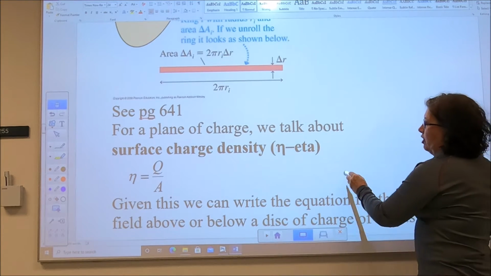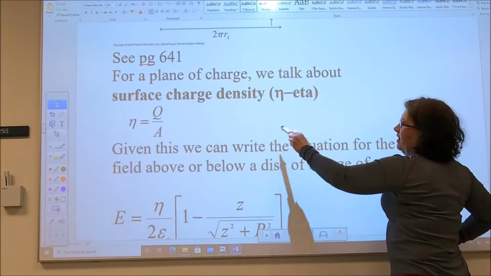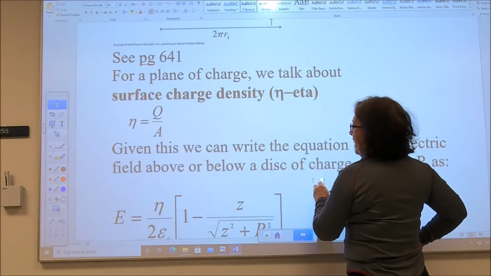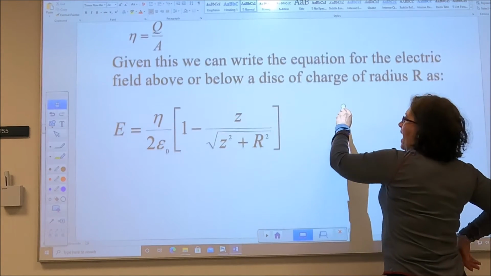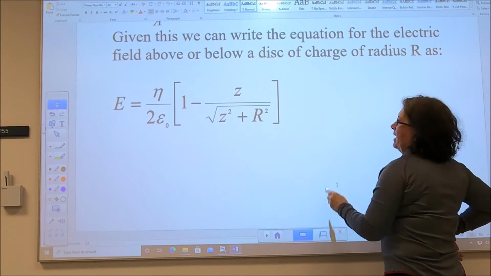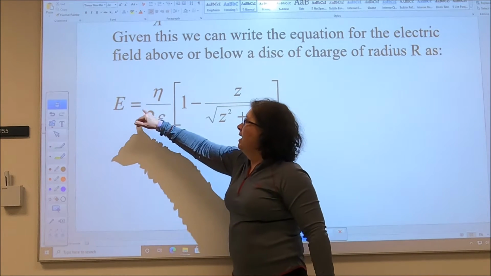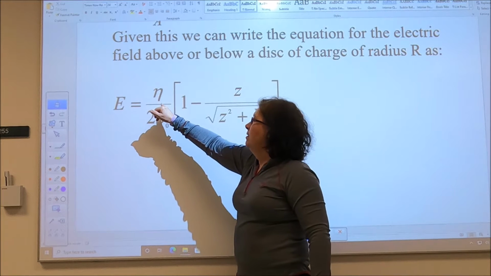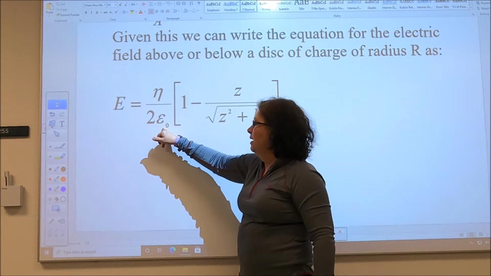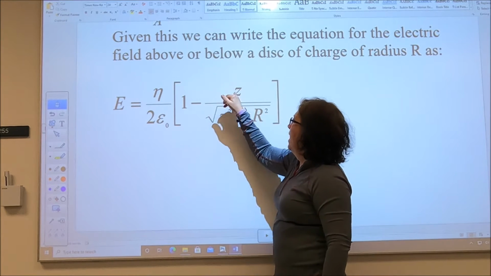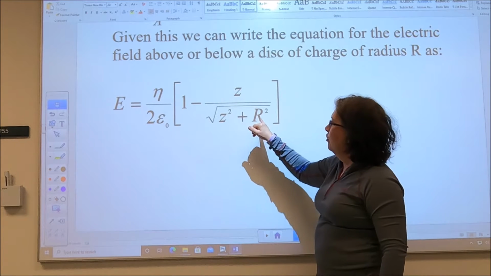And we talk about the surface charge density, eta, being Q over A. Then if we add up all the little rings to make a disk, E equals eta over 2 epsilon 0 times 1 minus Z over the square root of Z squared plus R squared.